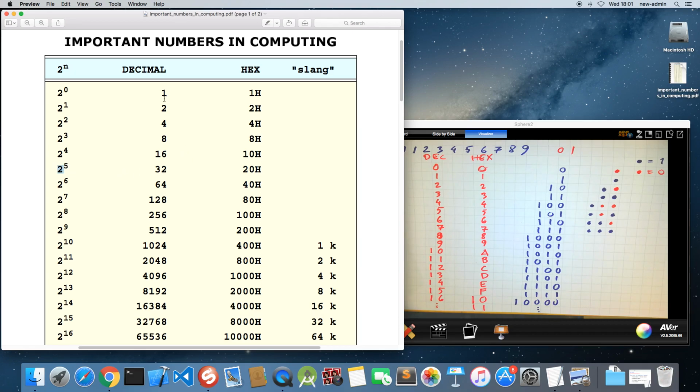So for all these numbers, the following number is always the preceding number multiplied by 2. All these numbers 1, 2, 4, 8, 16, 32, 64, 128 and so on are very important in computing because they are the number 2 raised to the power of something.